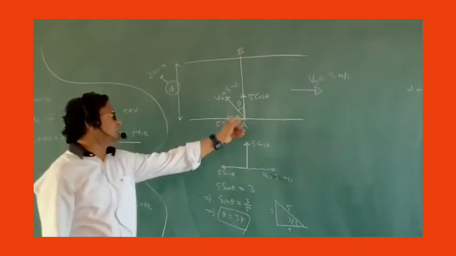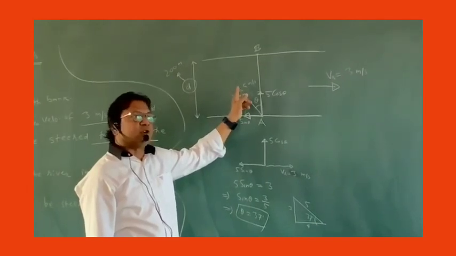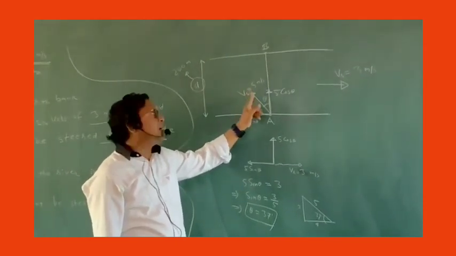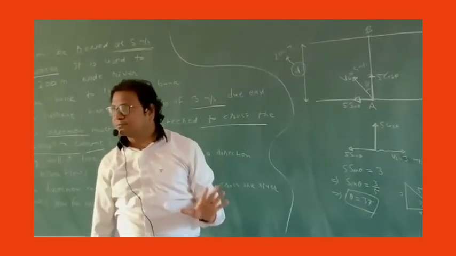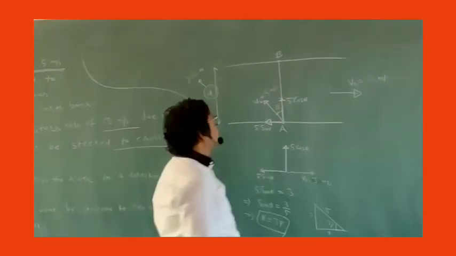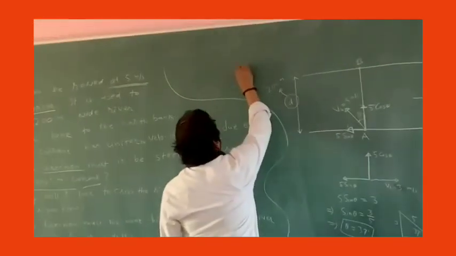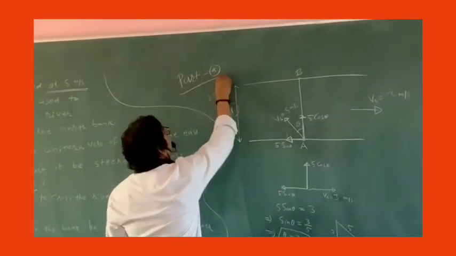So this direction will come. This is the direction in which the boat must be steered so that the boat will reach B. Is it okay to all? Okay. So this is part A. This is part B.